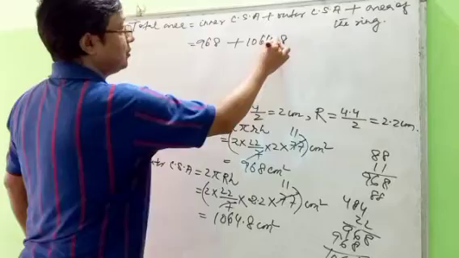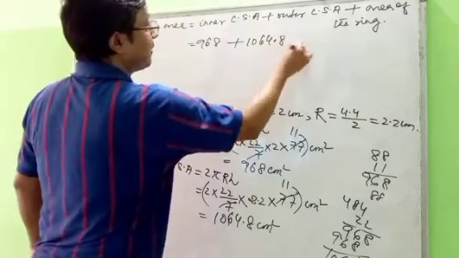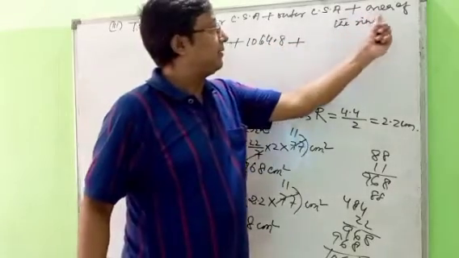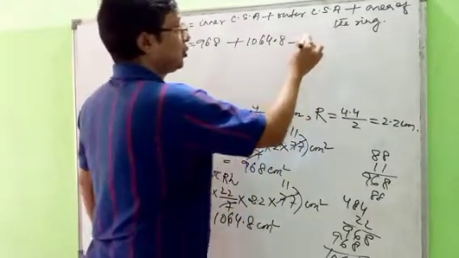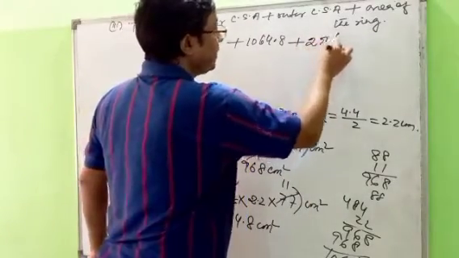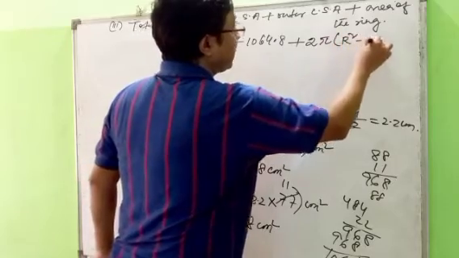you got the outer CSA 1064.8, so 1064.8, plus the area of the ring. You have got both ends, so it will be double, so twice pi, R square minus r square.